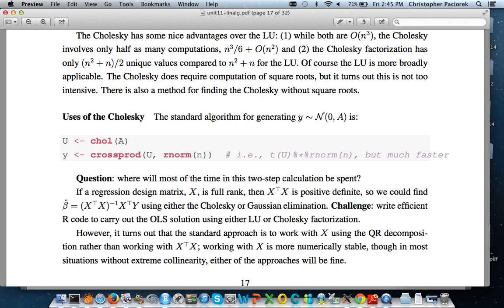I take U transpose times Z, where Z is normal 0, the identity matrix, so Z is just a vector of n independent standard normals. Then y equals U transpose Z. The covariance of y is U transpose times the covariance of Z, which is just I, times U, so U transpose U, which is A. That's the proof that this works, and this is the standard way you generate a multivariate normal random vector.